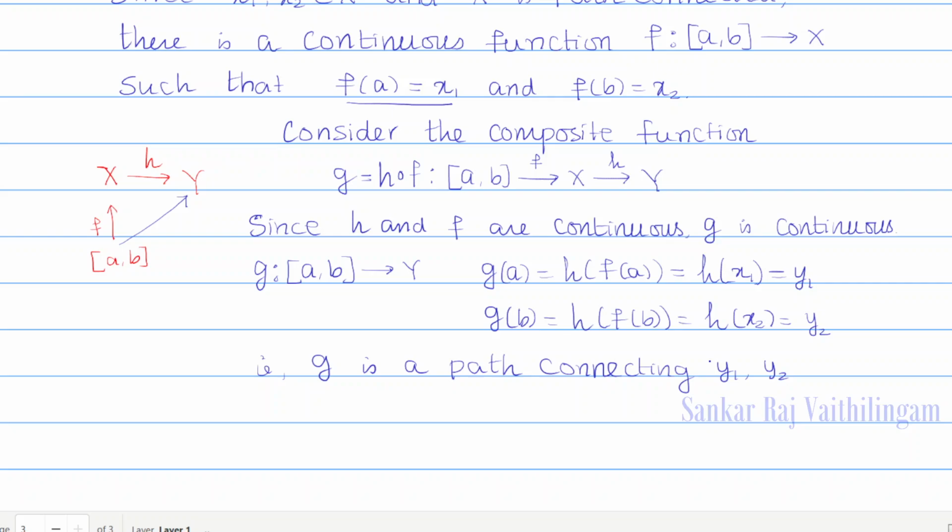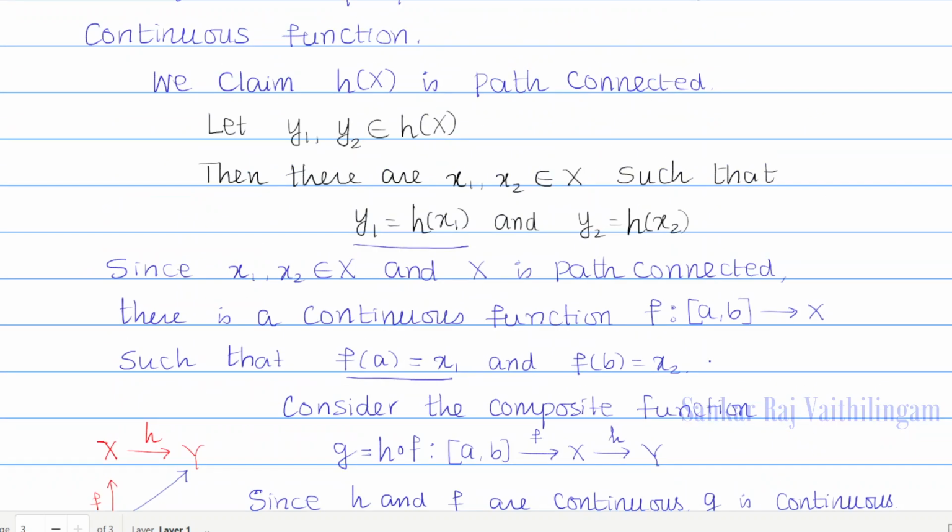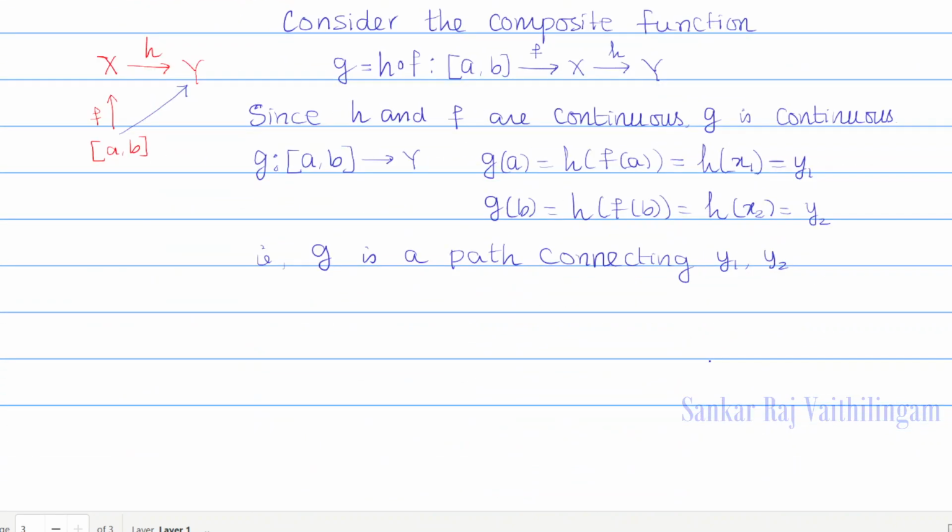Since y1 and y2 belong to h of X, which is arbitrary, any two points in h of X can be connected by a path.